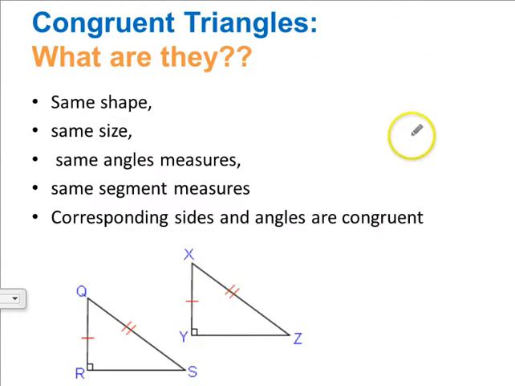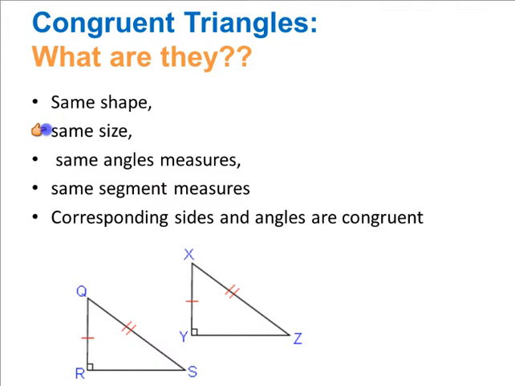All right, so we are focusing on triangles this week and how we can prove that triangles are congruent. But first, let's review what I mean when I say proving triangles are congruent. In order for triangles to be congruent, they have to have the exact same shape and the exact same size.